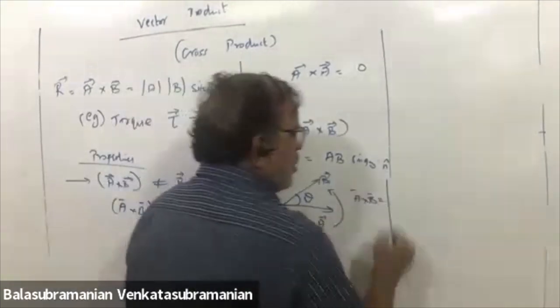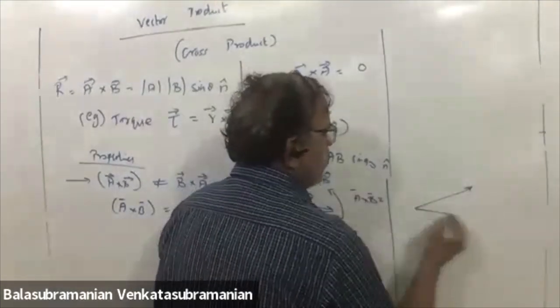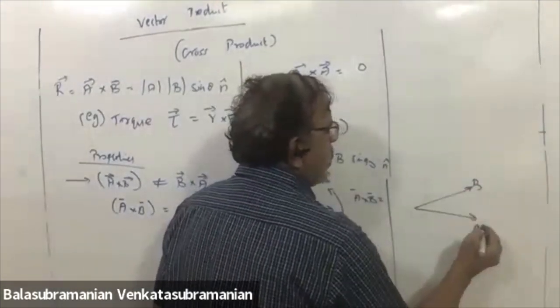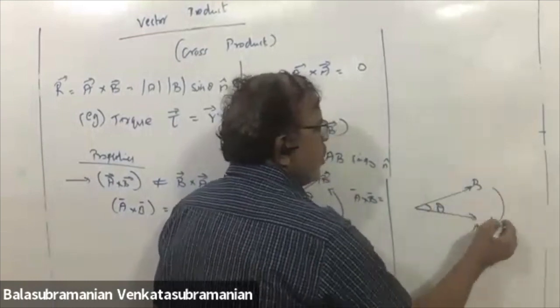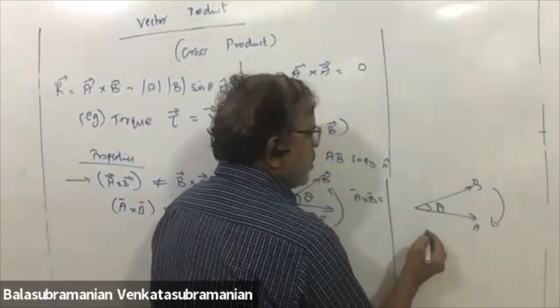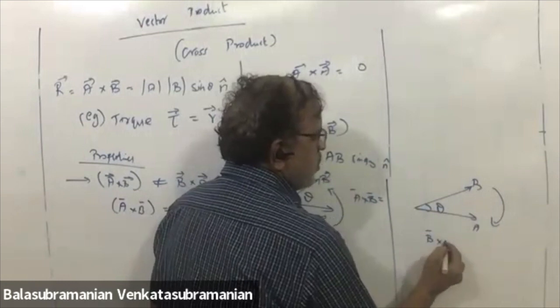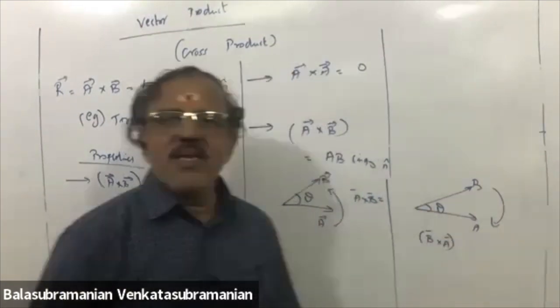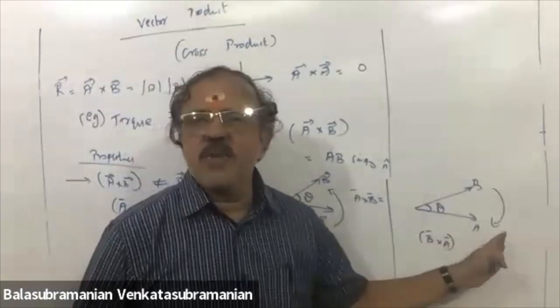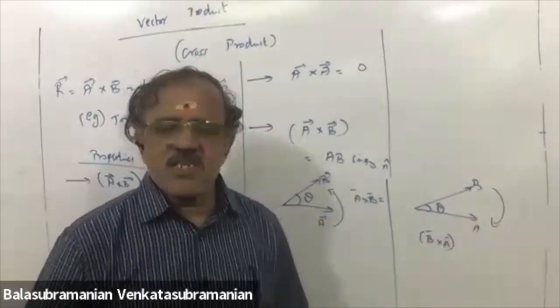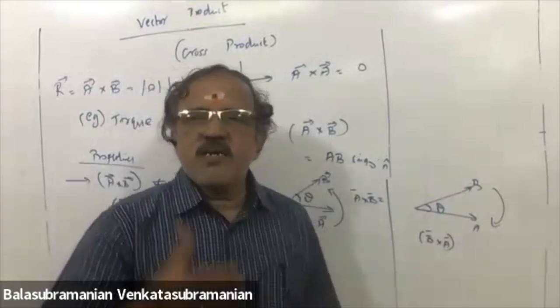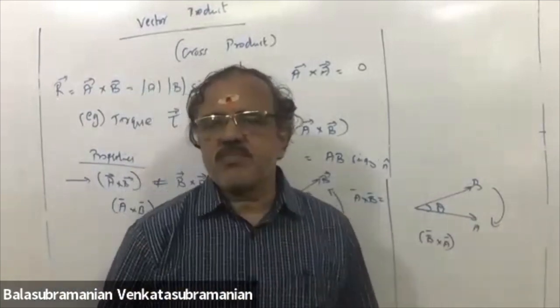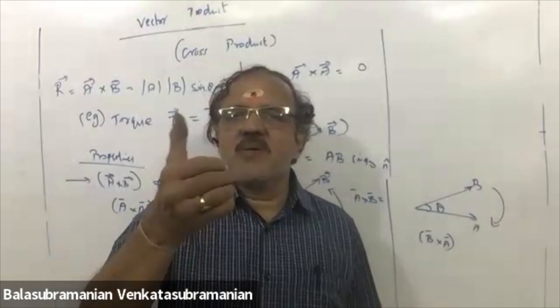I will tell. Suppose the same, BA. This is theta. If you want B cross A, direction: B cross A is minus A cross B. For the direction, use the thumb rule. Extend the right thumb.